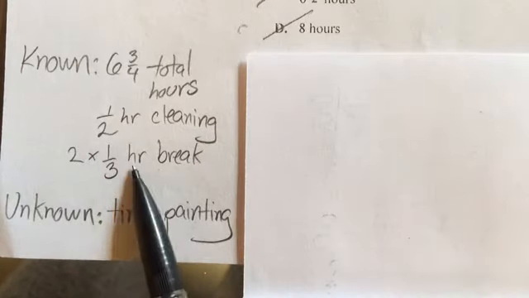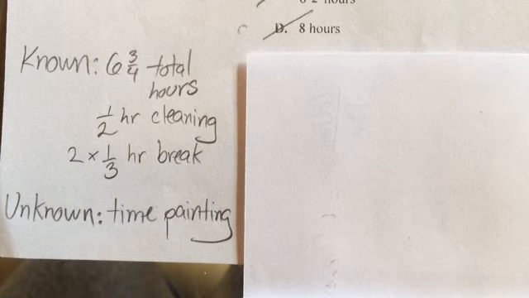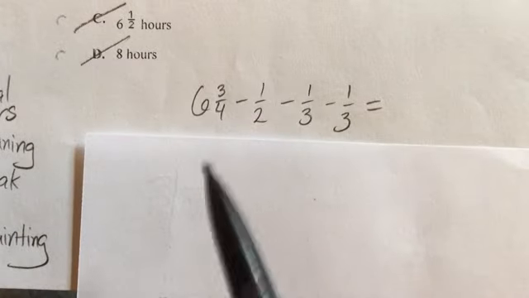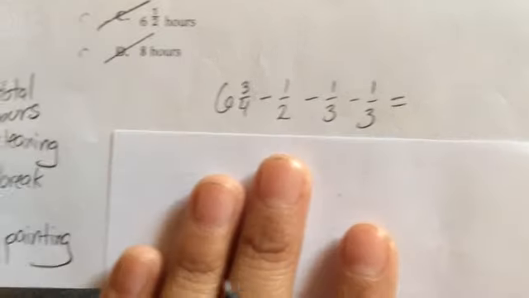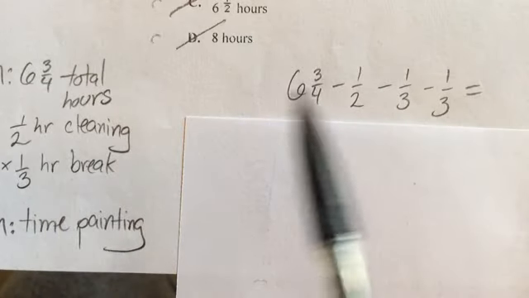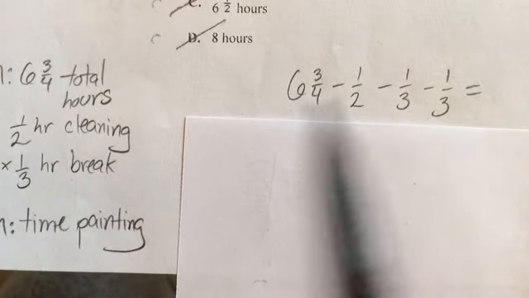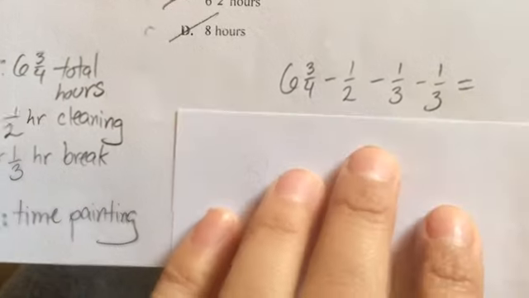So 2 times 1/3 of an hour breaks. Unknown, the time spent painting. Here we go. 6 3/4 minus a half an hour that was spent cleaning, minus 1/3 break and another 1/3 break.